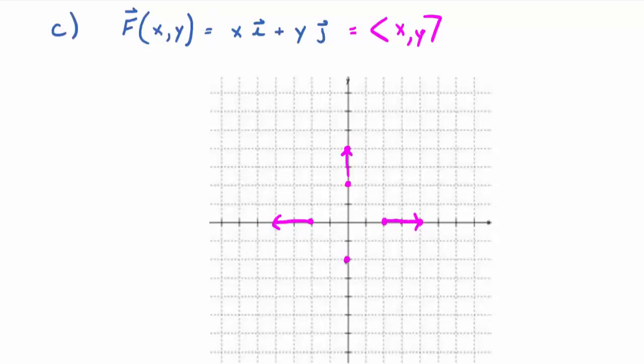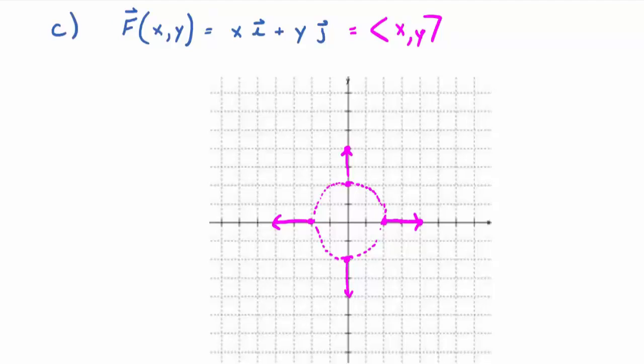And it ends up that this is the vector field of vectors that point radially outward. So along any circle of the same radius, in this case, along any circle of radius 2, you're going to get vectors that point outward, the same distance that the tail point is from the origin.